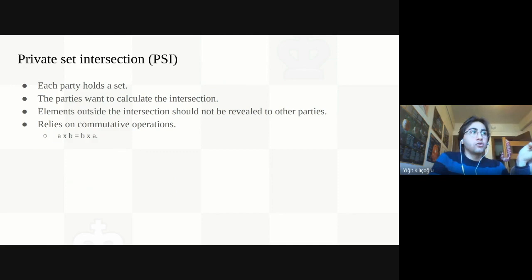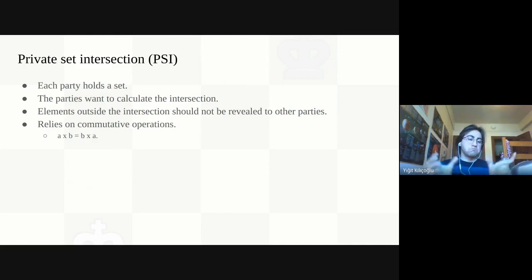It turns out you need to use commutative operations. It just means that changing the order of the operands does not change the outcome, just like how in multiplication a times b is equal to b times a. And each private set intersection protocol has at least a few steps that roughly follow this pattern.